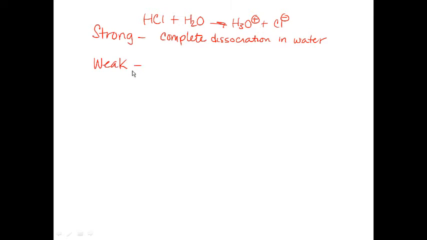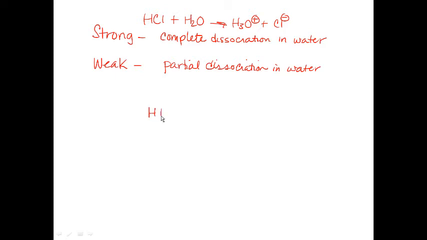By definition, or by contrast, what does it mean to be a weak acid? Well, if you said that a weak acid was only partial dissociation in water, you'd be right. And how do we represent that an acid only partially dissociates in water?